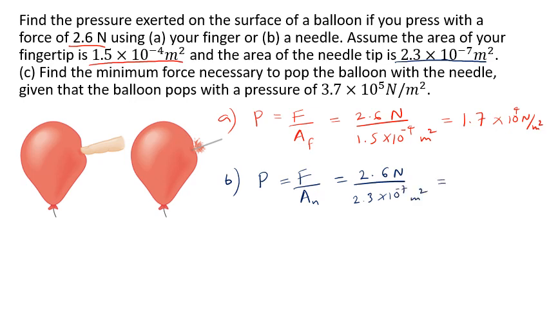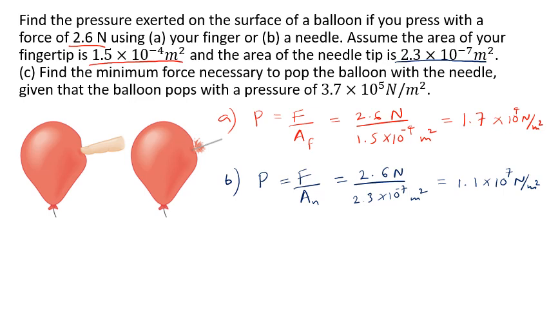And you can simplify to calculate the pressure created by the needle tip. So that will be 1.1 times 10 to the power 7 newtons per square meter.